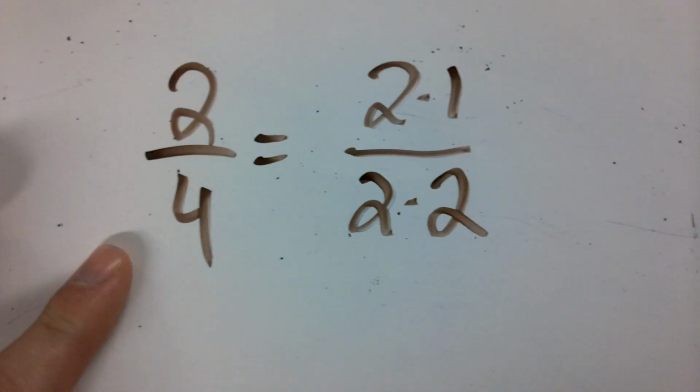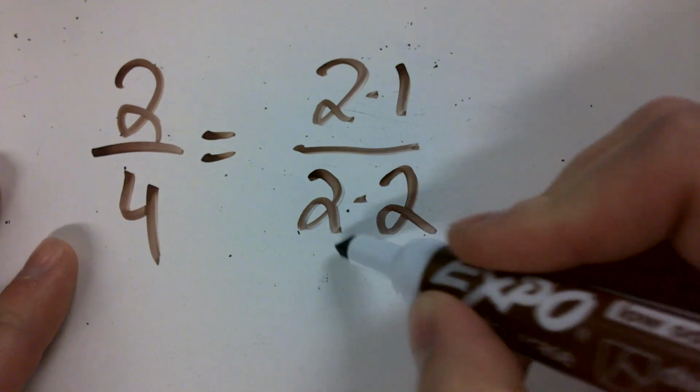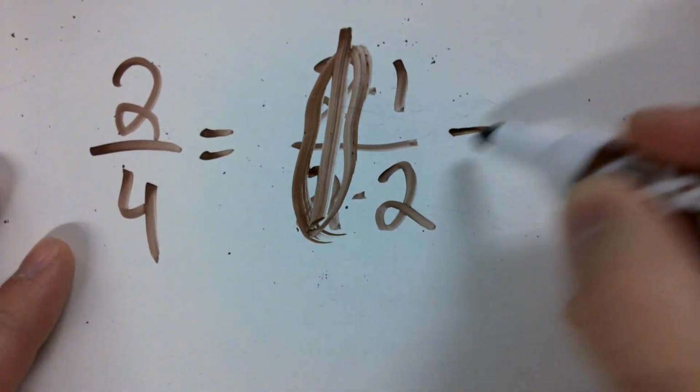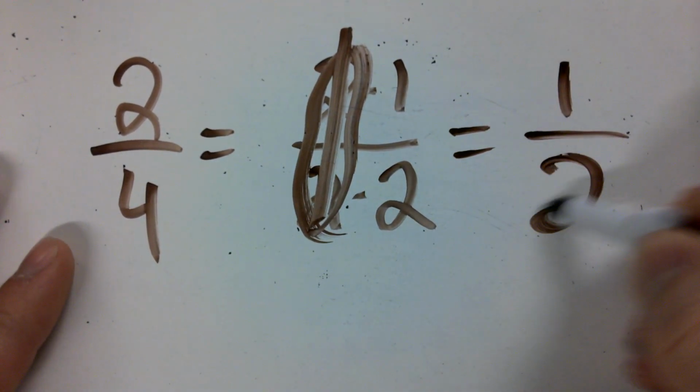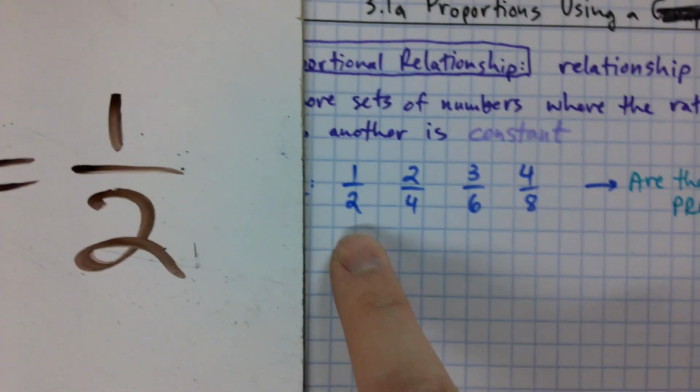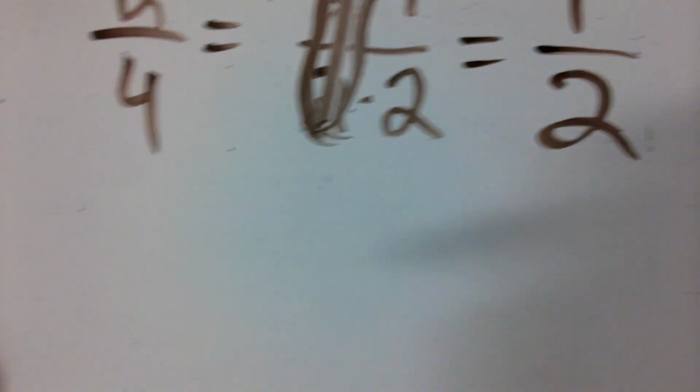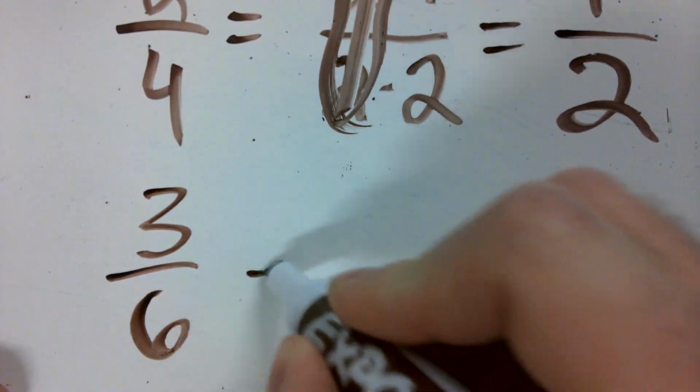Is there any pair we can cancel out here? Yeah, a pair of 2's. So what are we left with? 1 over 2. Is that equal to 1 over 2? Yes, it is. What if we took 3 over 6?